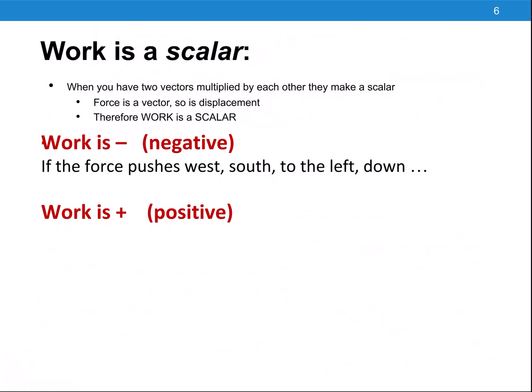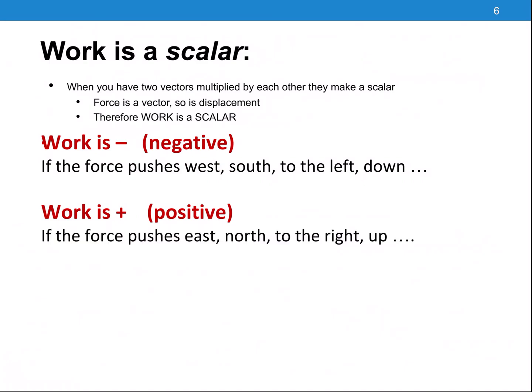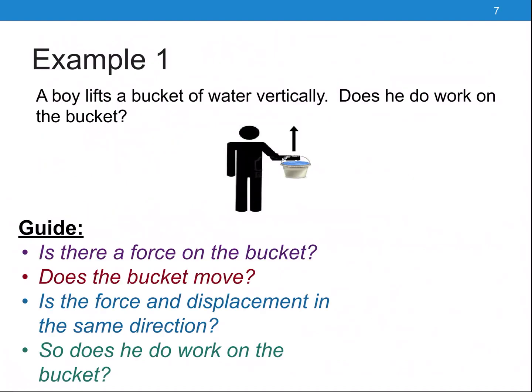So if you have a negative force, your work is going to be negative. If you have a positive force, your work is going to be positive. And it all goes with the same directions that we're used to. So west, south, left, down, all negatives, and east, north, right, and up are all positive directions. Oops, that was supposed to be over the plus.